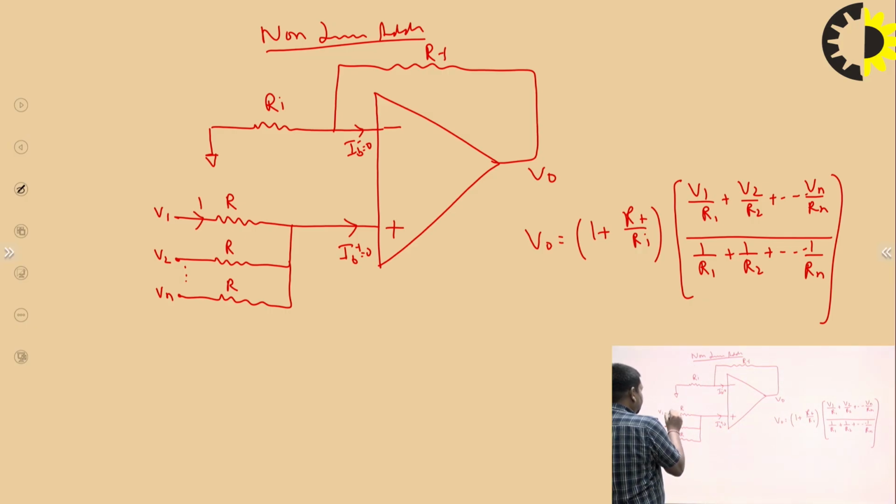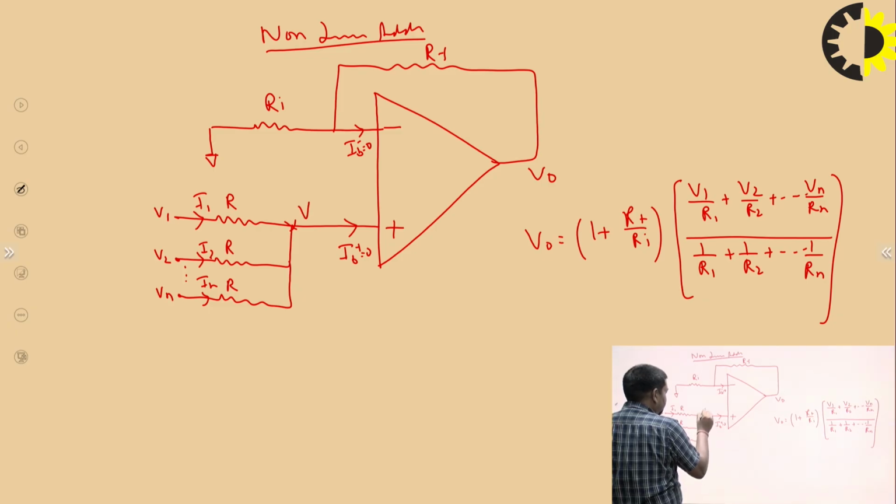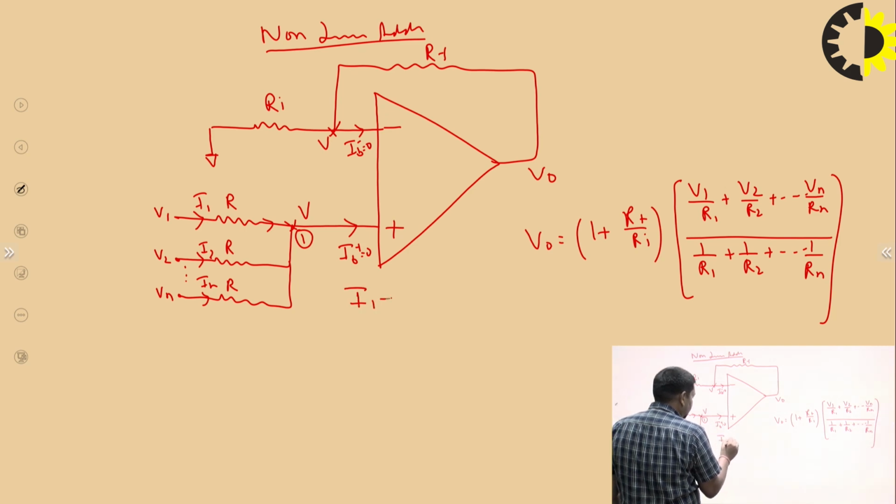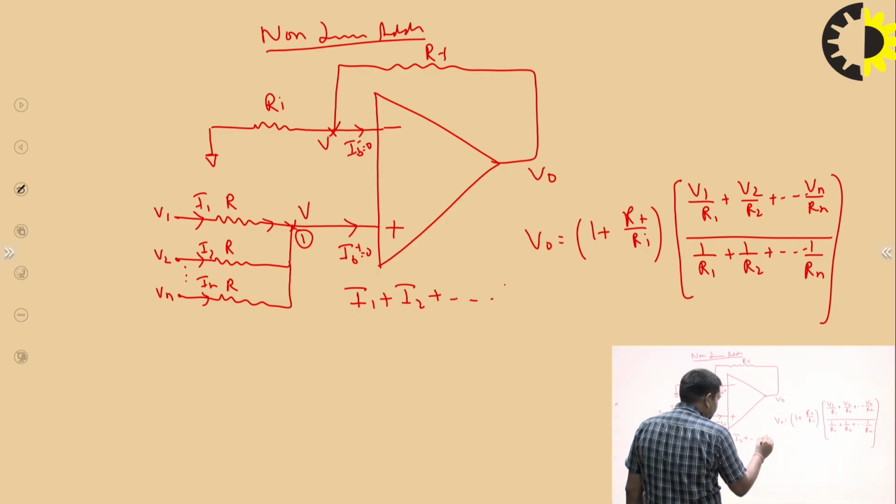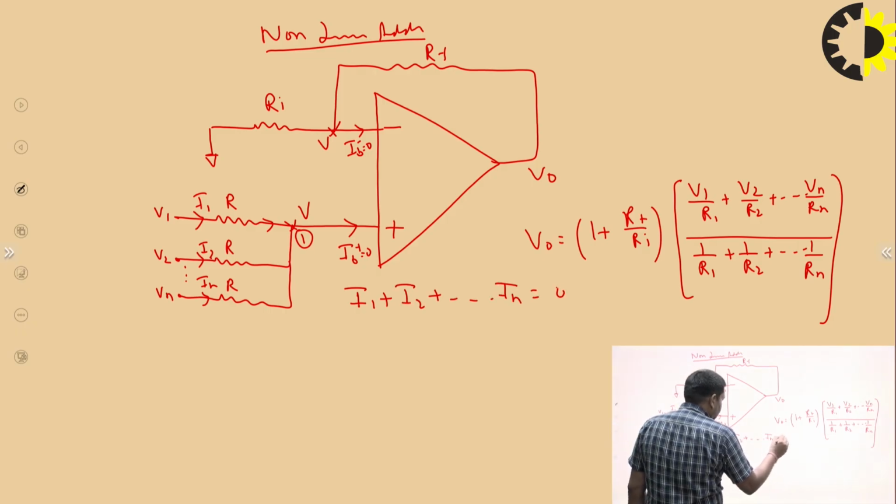Suppose this is I1, this is I2, up to In. We find the potential V at node 1, so this voltage appears here. The sum of I1, I2 up to In should be 0, so we apply KCL at node 1: I1 plus I2 up to In is equal to 0.